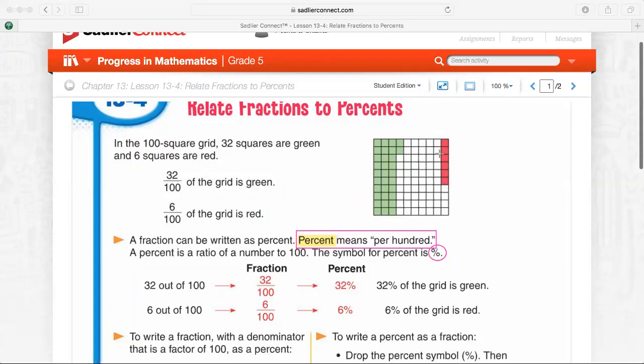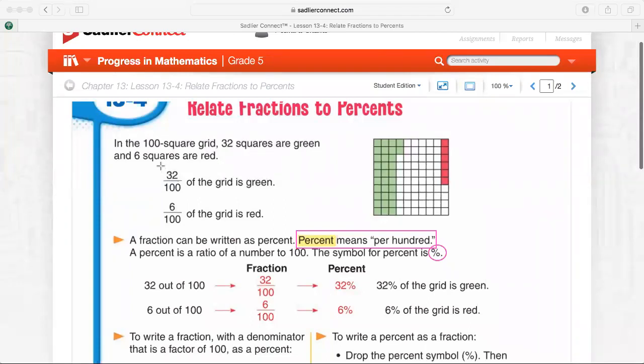This grid shows 100 squares. So there are 32 green from 100. So there are 32% of the squares are green.